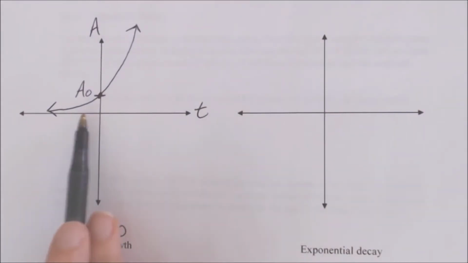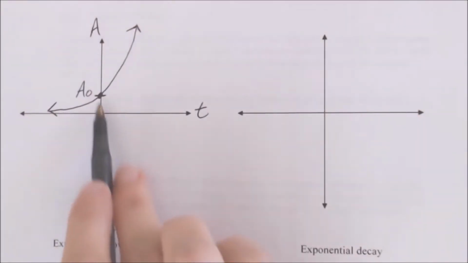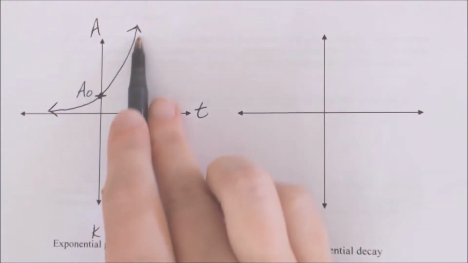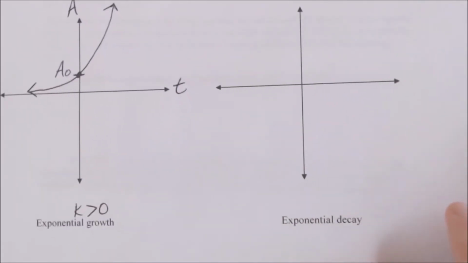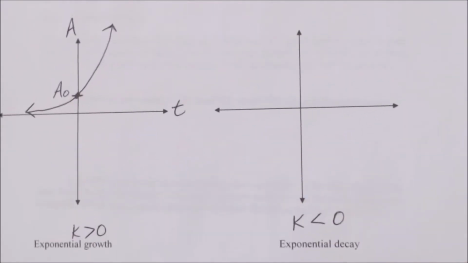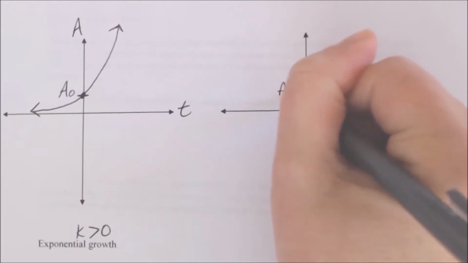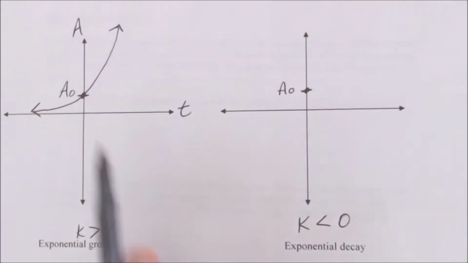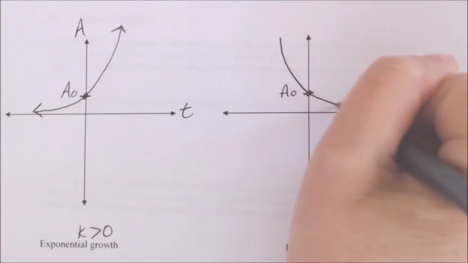Now, in reality, we're not going to have negative time values. So the only part of the graph we would be interested in is from that initial amount onwards as time progresses. If it's a decay or a decreasing function, in which case K would be negative, that's how you would know it's a decay problem. We're still going to have our initial value as our y-intercept, but instead of increasing from left to right, now it's going to be decreasing from left to right.